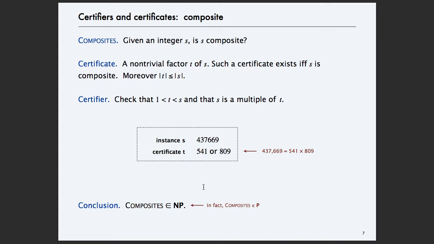And my certifier is just, does it divide, right? So composite is in NP. Actually, composite is in P too, right? We have a polynomial time algorithm for checking whether a number is composite, right?